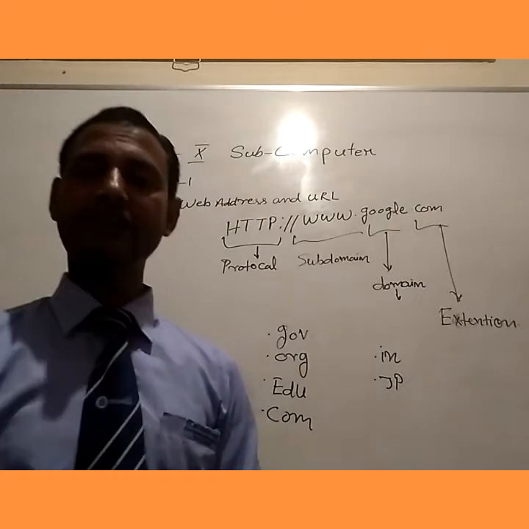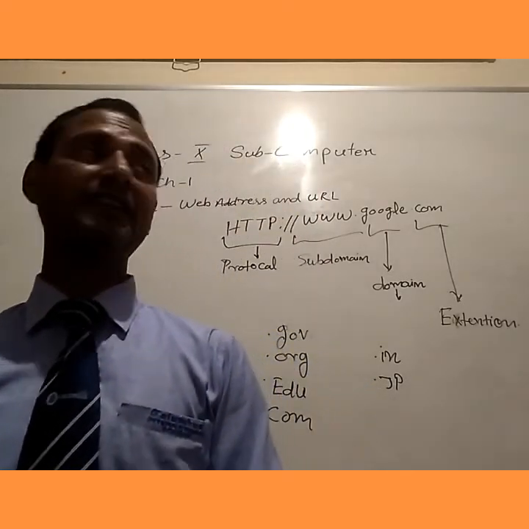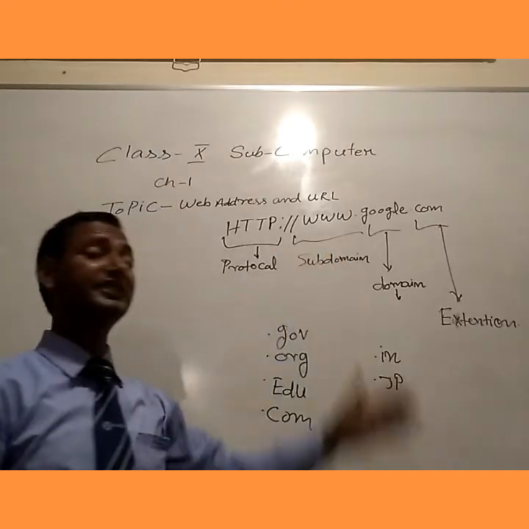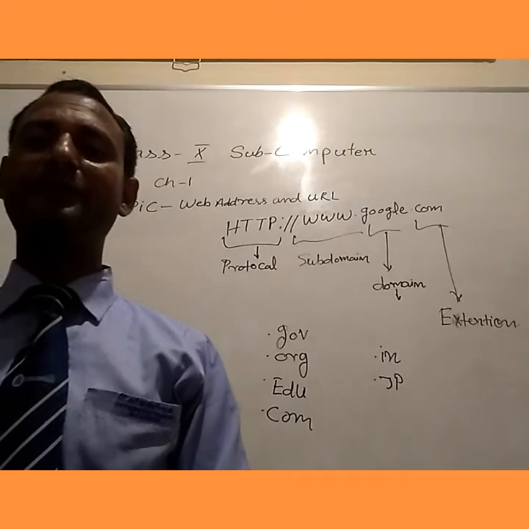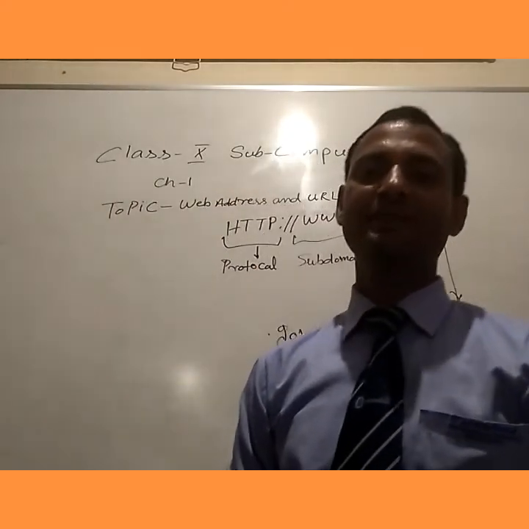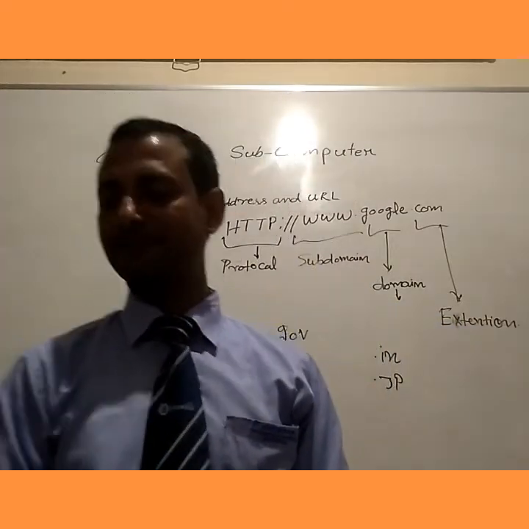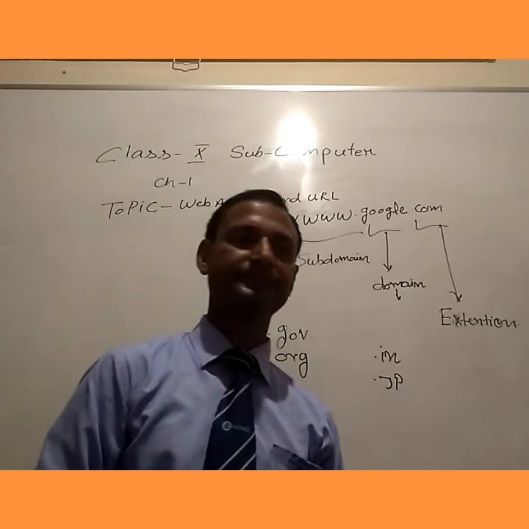Students, we have just discussed the address of the web pages, what the web pages mean, how the full address of any web page is described and how to access web pages from the websites and server. Now we will learn about the web server.